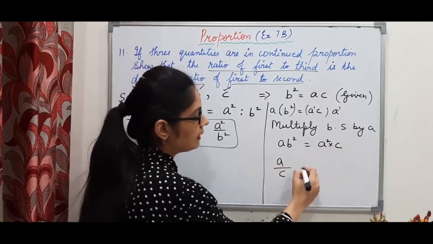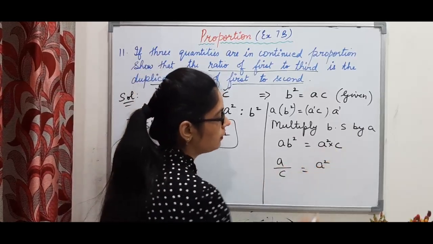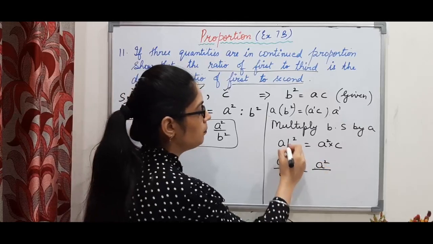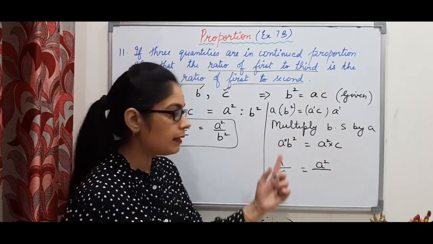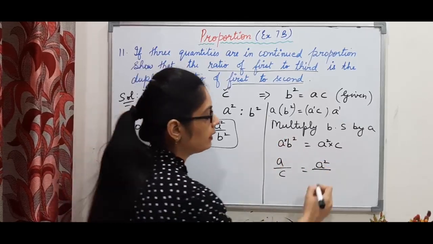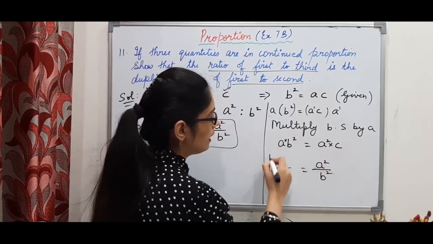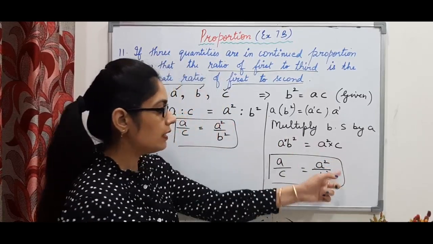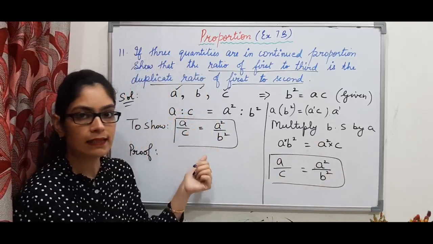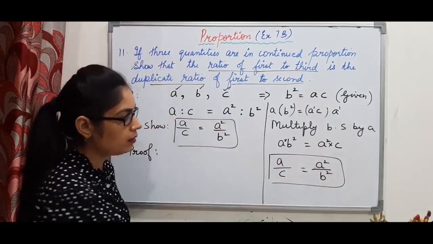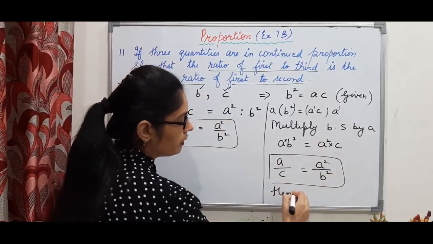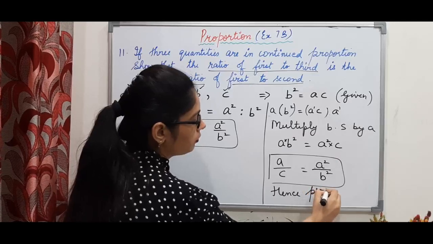So A by C I will get on this side. A square is already there, and here B square is getting multiplied by A. If I change its side, it will get divided. So A by C is equal to A square by B square. A by C is equal to A square by B square. So this is what we had to prove, hence proved.